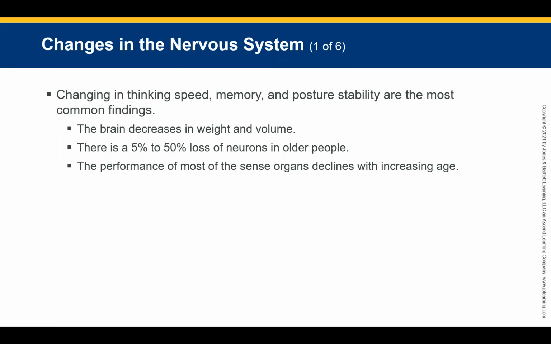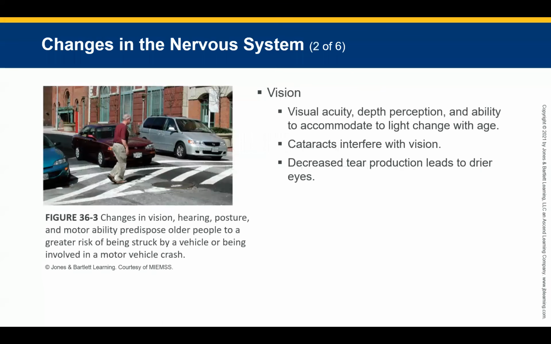It says the performance of most of the sensory organs declines as aging increases. So obviously vision, oh man, my eyes are killing me. Visual acuity, depth perception, and the ability of the eyes to accommodate light changes with age. These characteristics interfere with vision, make it more difficult to distinguish colors and see clearly, and increase the likelihood of falls and medication errors.